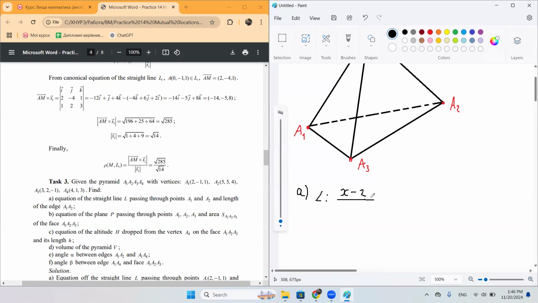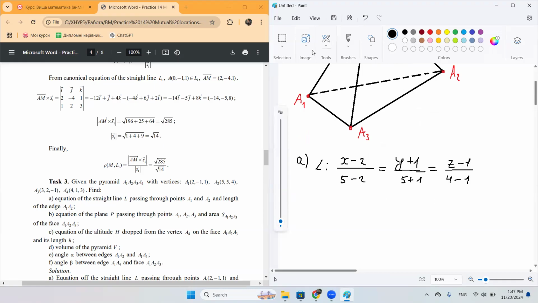Subtracting coordinates of the first point: x minus 3 minus 2 by 5 minus 2 equals y plus 1 by 5 plus 1 equals, oh no, not y, z minus 1 by 4 minus 1.